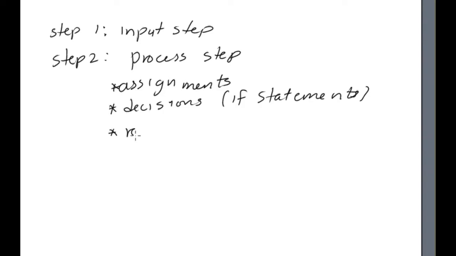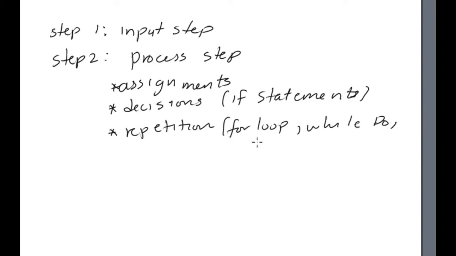And we have a repetition, when you have to repeat a task a specified number of times, then you would include this step. Now we usually use the for loop and the while do loop. We also have the repeat until loop. We'll look at these later on as well.